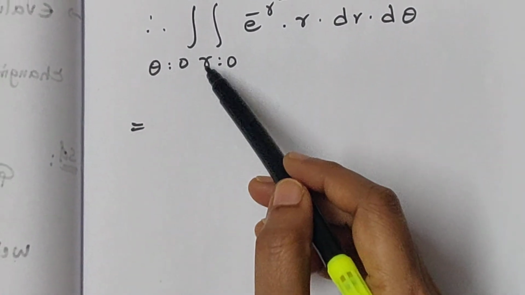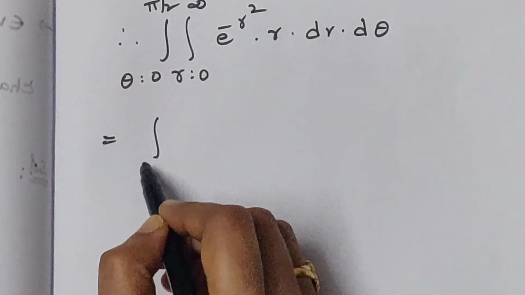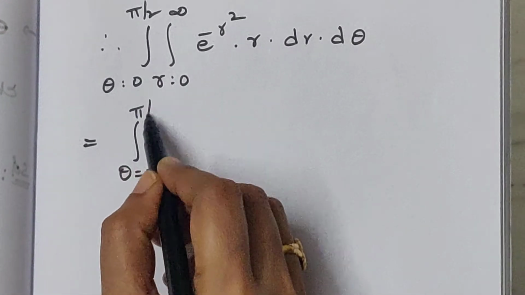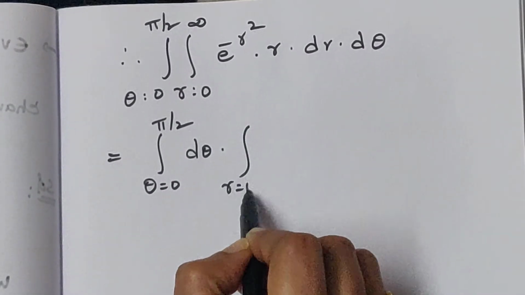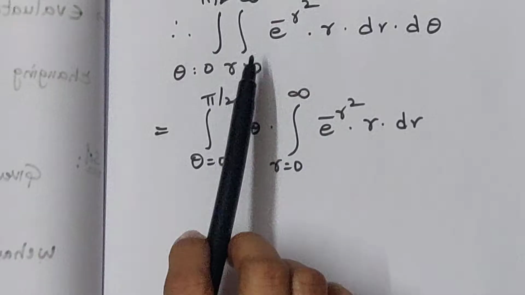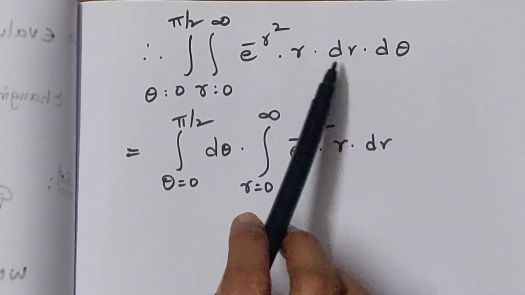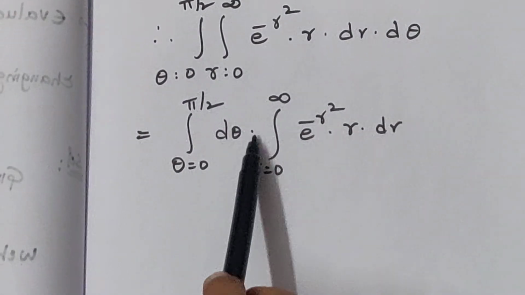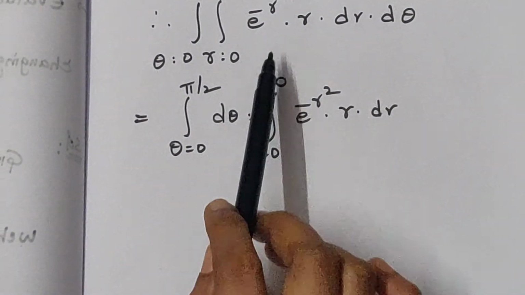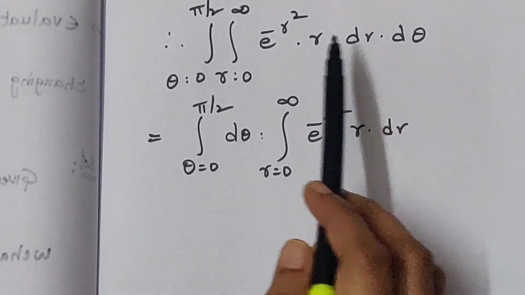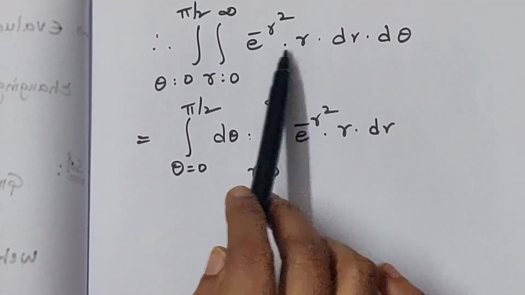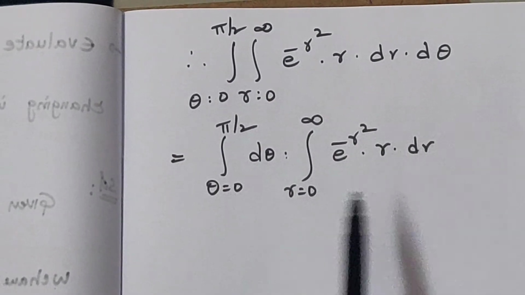We can write this as theta from 0 to pi by 2 d theta into r from 0 to infinity. We are able to write the polar double integral as a product of two single integrals because the function doesn't involve r and theta together here.